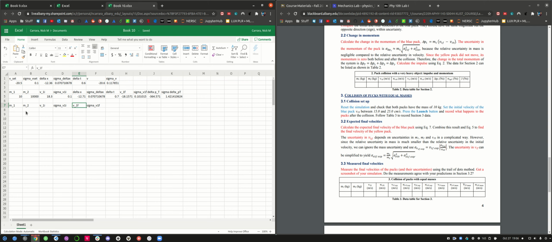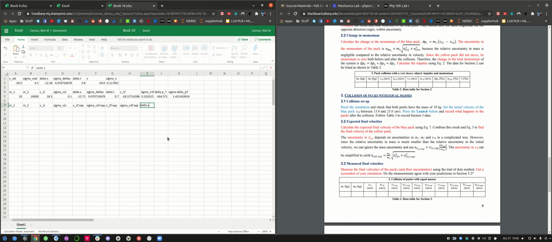So this is going to be V1 final expected, sigma V1 final expected, V2 final expected, and then the measured values. And in this case, in order to get the measured values, we have to compute the delta x's.